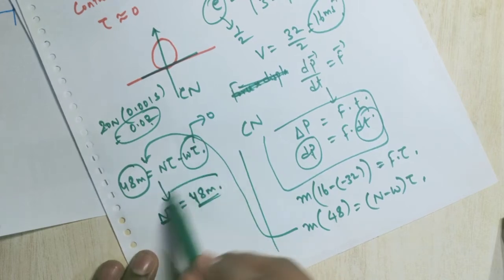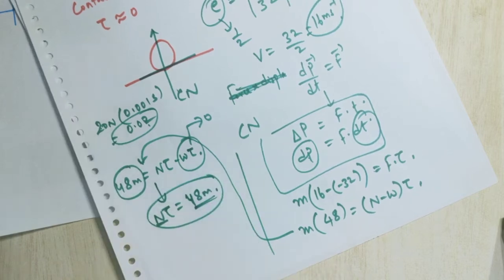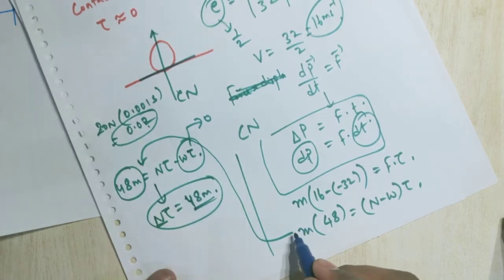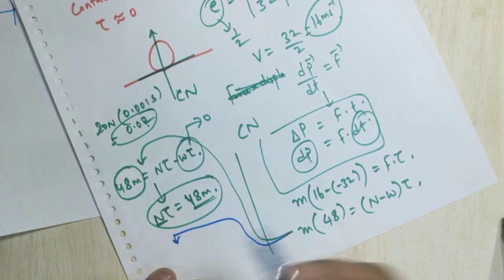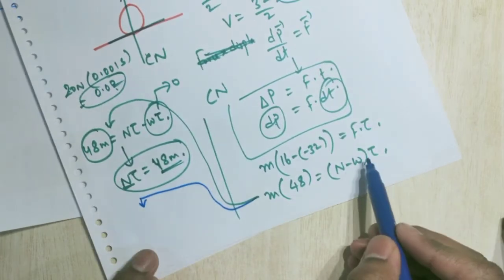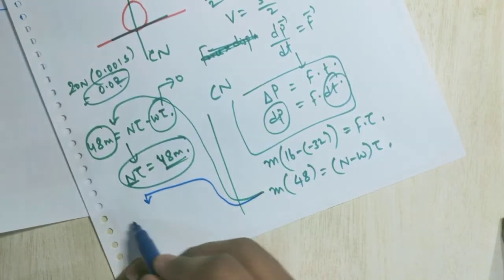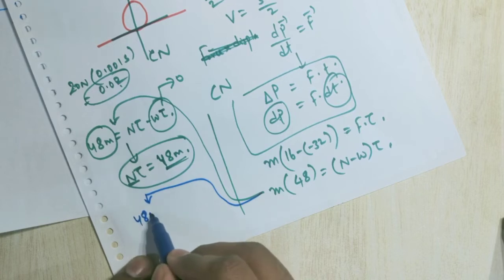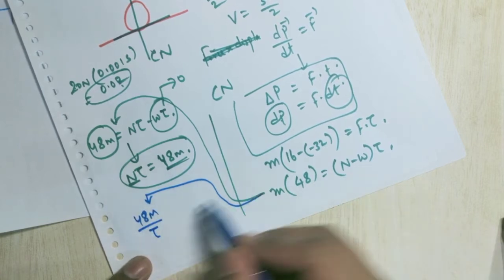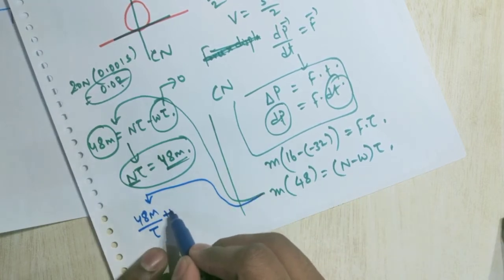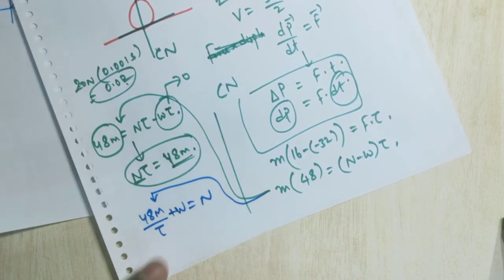If you are not able to understand this, then let us move from this step with some other approach. Bring this tau onto the denominator. So you'll get 48m divided by tau, and bring this W here, plus W is equal to N.